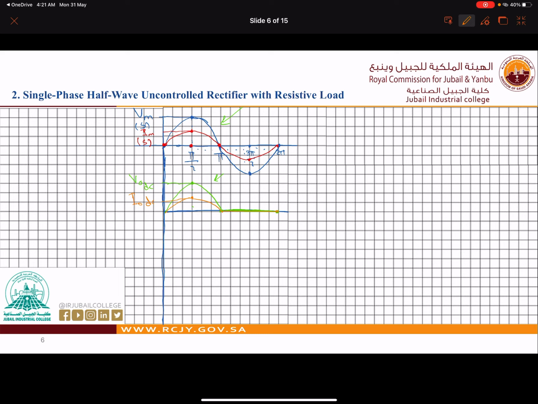This is how to draw it, right? And it will also be half wave. We have one pulse because during the other pulse the diode will be reverse biased, and it will act like an open circuit. Then there is no current, of course. That's why we have 0. So we get rid of the negative portion of the supply.